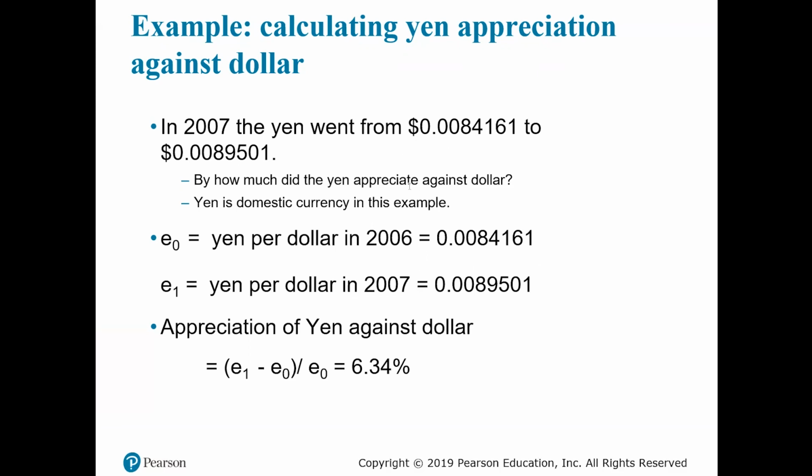So the Japanese yen actually appreciated against the US dollar. Yen is the domestic currency in this example. So E0 is the value of yen per dollar in 2006, and E1 is the value of yen per dollar in 2007. This is how we calculate the appreciation of yen against dollar.